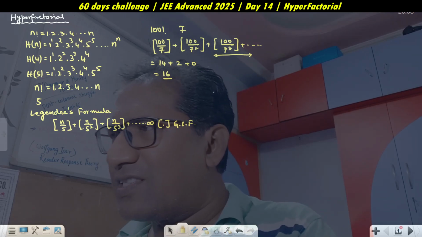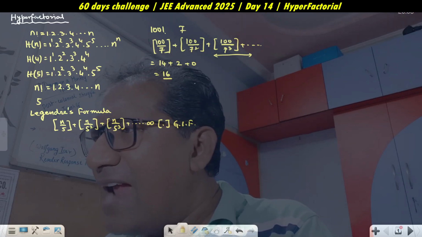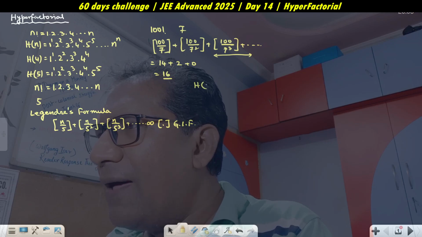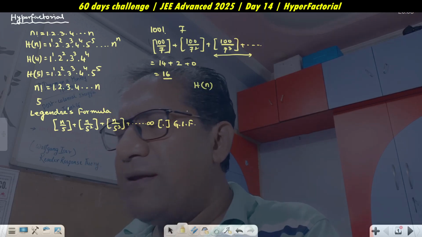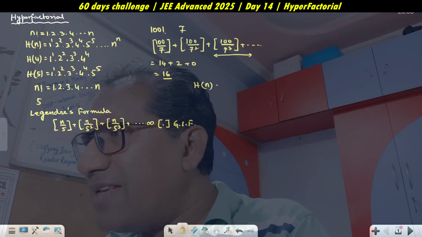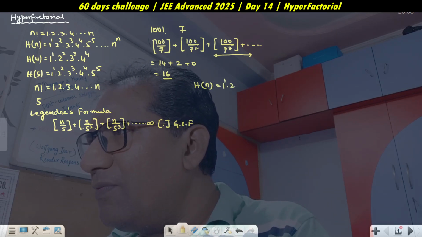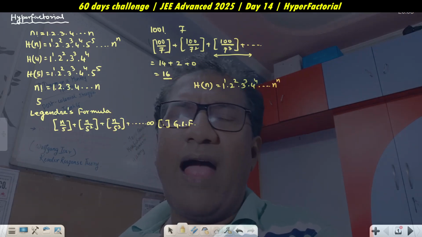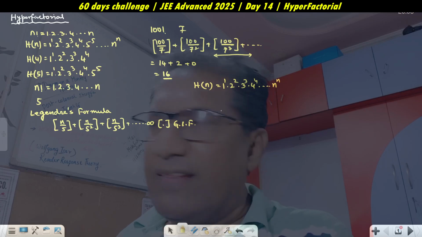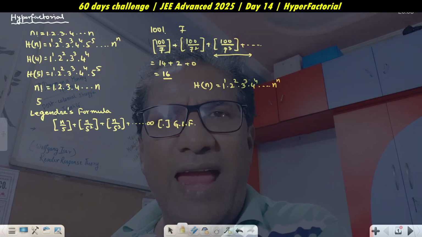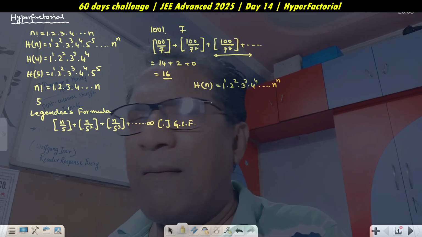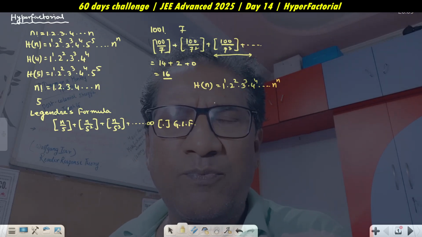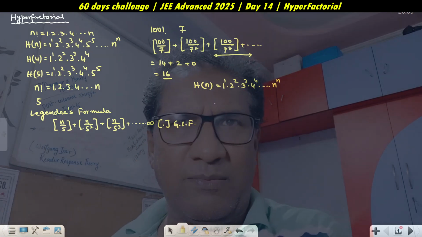What does it state? It states that for any hyperfactorial n, which is actually this one from the definition, if I want to find out the exponent of any prime, let us say for an example, the exponent of 7. 7 is the prime.